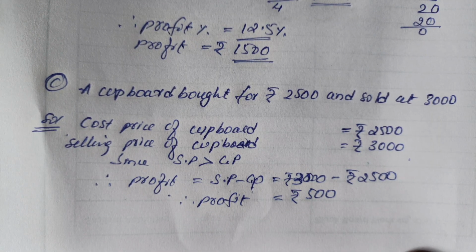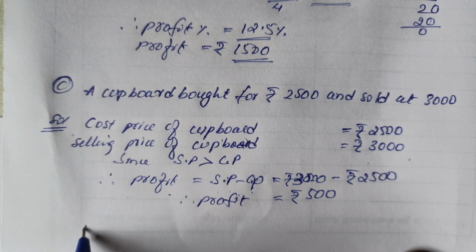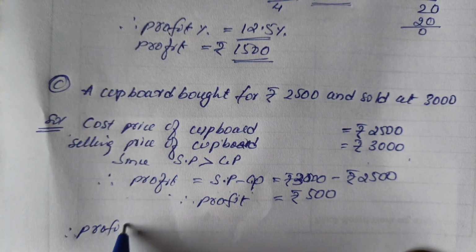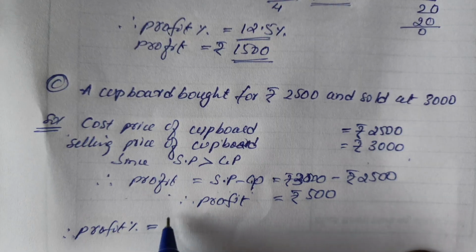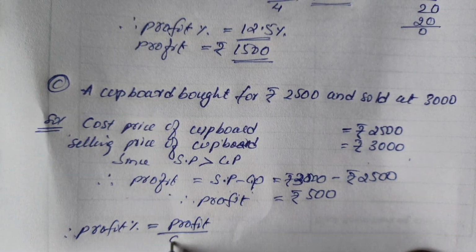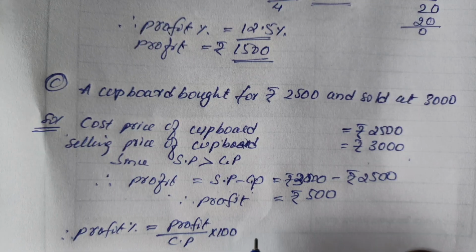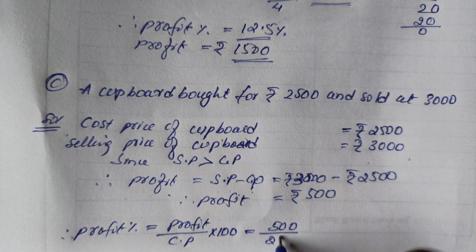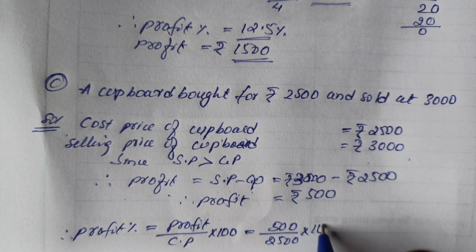Now we need to calculate the percentage of our profit. So we know how to calculate. Therefore profit percentage is equal to profit divided by cost price into 100. That is equal to profit 500 divided by cost price 2500 into 100.